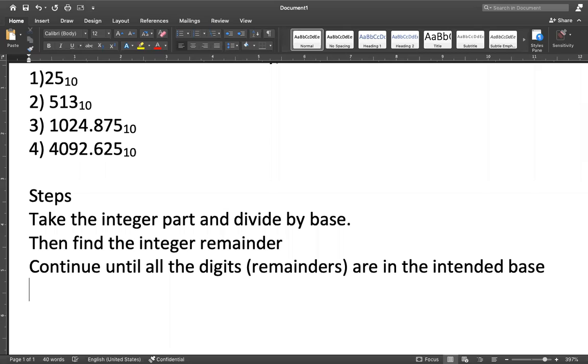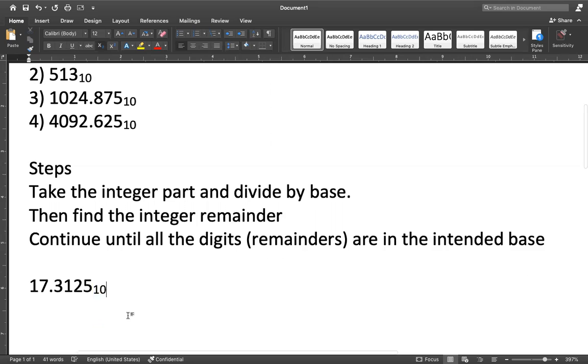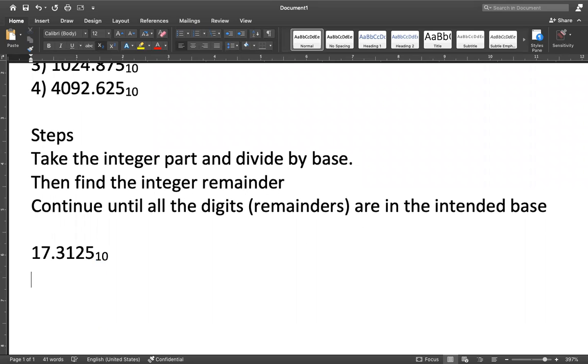First, you have to take the integer part. For an example, let's write a number like 17.3125.